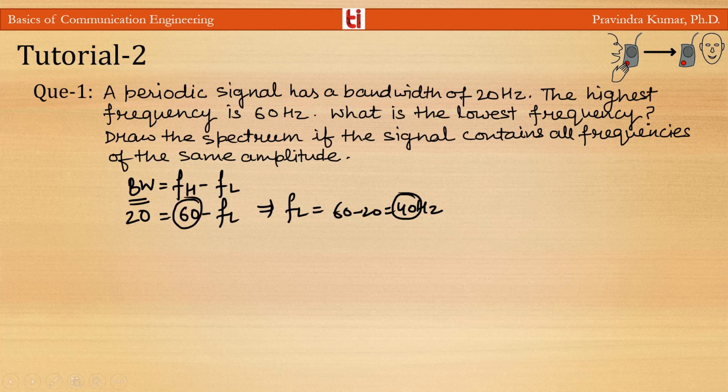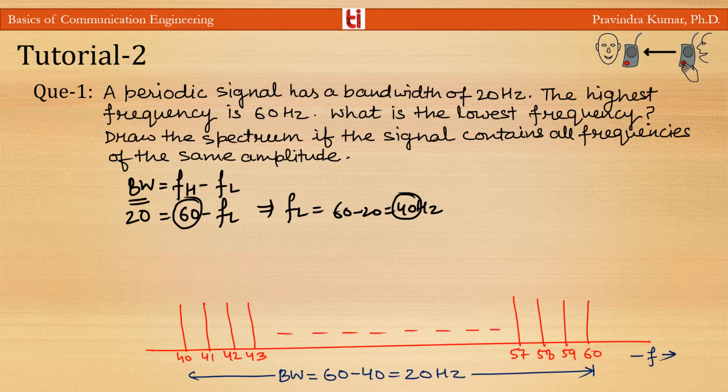So we can sketch the spectrum, which will have the lowest frequency component, the highest frequency component, and in between, all these frequency components having the same amplitude. This is the sketch of the spectrum having all frequencies of the same amplitude.